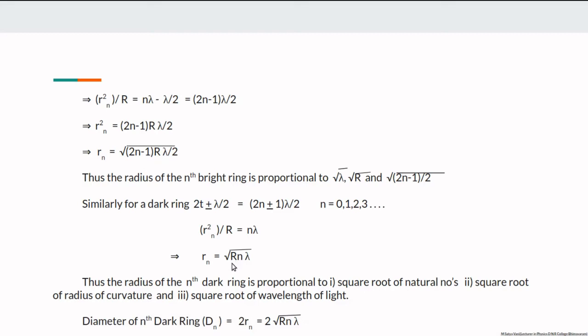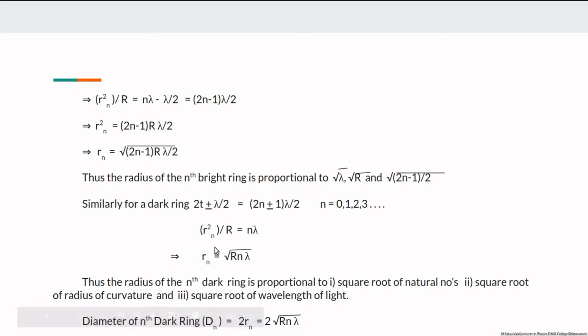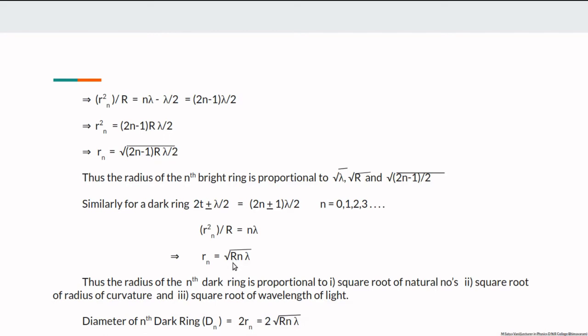As the radius of curvature decreases, the radius also decreases, and we cannot observe clear Newton's rings. For this purpose, we have taken a plano-convex lens of large radius of curvature, because for good observation, the radius of the ring must be large. As the radius of the ring depends upon the radius of curvature R, we have to take a plano-convex lens of large radius of curvature.